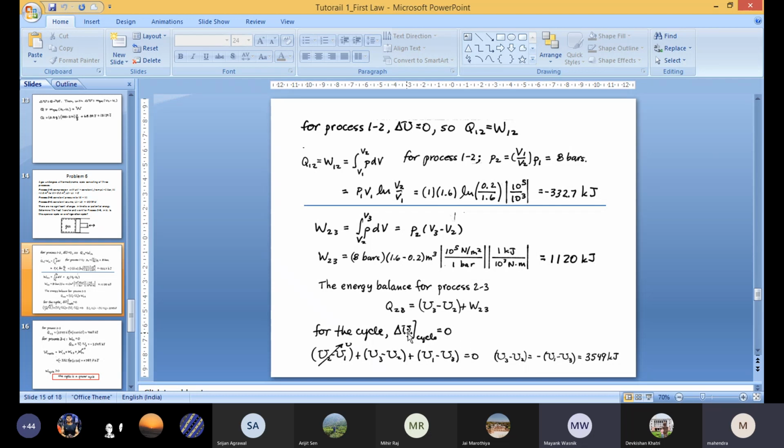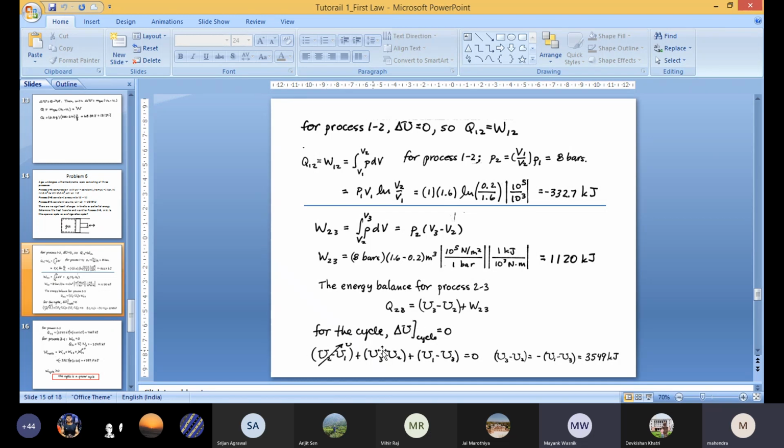How are we calculating? In the cyclic process, as we discussed in yesterday's class, cyclic delta U equal to cyclic delta Q minus cyclic delta W. For a cyclic process, we have mentioned that delta U equal to 0. Then we have taken cyclic delta Q equal to cyclic delta W. That is there in our previous slides, so please refer to that.